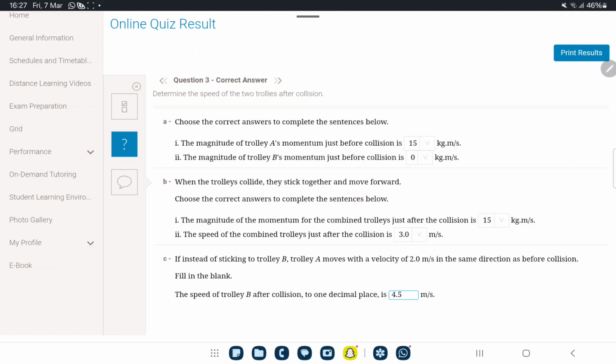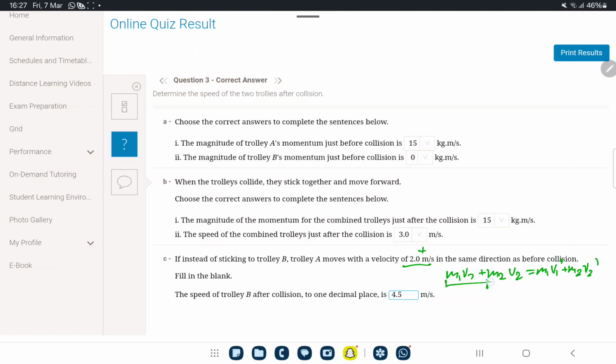Then for the last part, they said instead of sticking together, trolley A moves with velocity 2 in the same direction, so it stays positive. So m1 v1 plus m2 v2 equals m1 v1 prime plus m2 v2 prime.